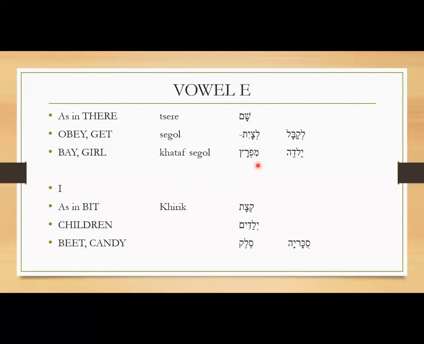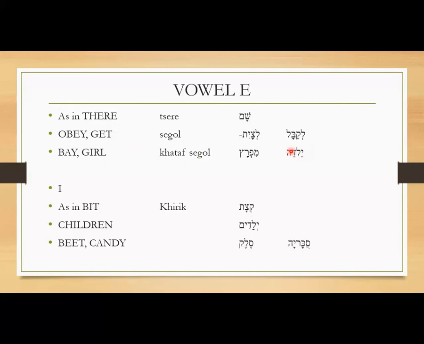Mifrats is a bay. And a girl is a yalda, and a yeled is a boy.